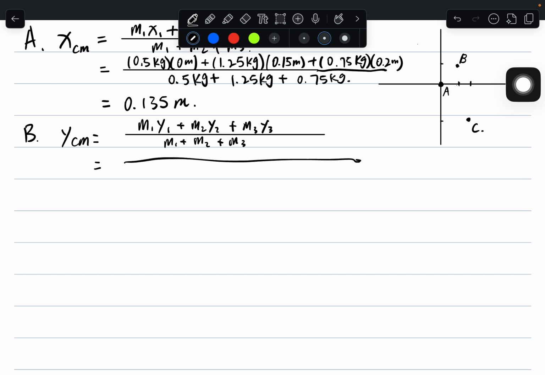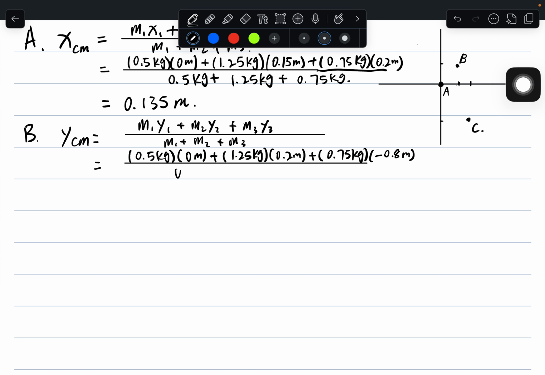We plug in all the numbers. 0.5 kilogram times the y coordinate, which is 0 meter because it's at the origin, plus 1.25 kilograms times the y coordinate, 0.2 meter, plus 0.75 kilogram times negative 0.8 meters, divided by the sum of mass, 0.5 kilogram plus 1.25 kilogram plus 0.75 kilogram.